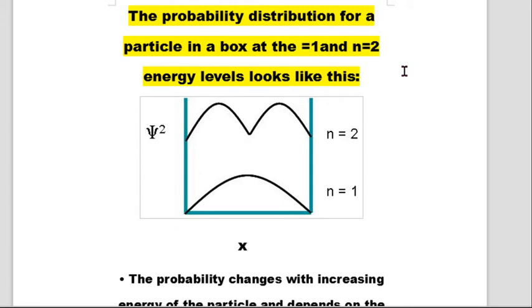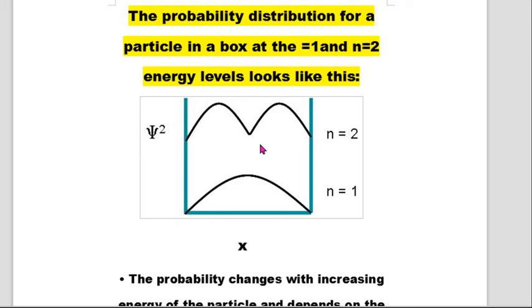The square of the wave function represents probability, that we know. And the curve is somewhat like the psi curve itself. For n equals 1, the probability increases and reaches a maximum at the midpoint, then decreases to 0. At the midpoint we have maximum probability.